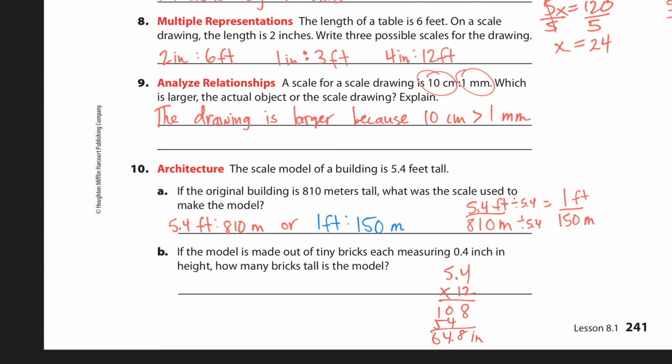Okay, and we would have to take the 64.8 and divide it by 0.4, because that's how many 0.4 inch bricks fit into that height, and that would be 162 bricks. There you go.